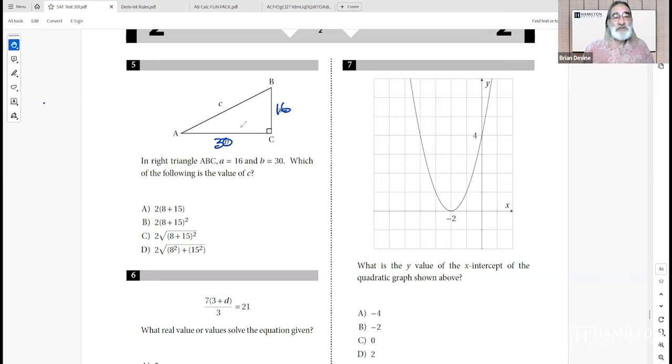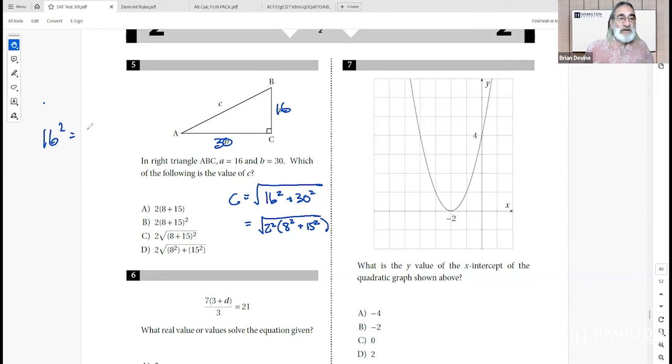Well, I know for a fact that we could use the Pythagorean theorem, that C has to equal the square root of 16 squared plus 30 squared, which I could write as the square root of 2 squared times 8 squared plus 15 squared, because 16 is 2 times 8, and 30 squared could be written as 2 squared times 15 squared, because 30 is 2 times 15.